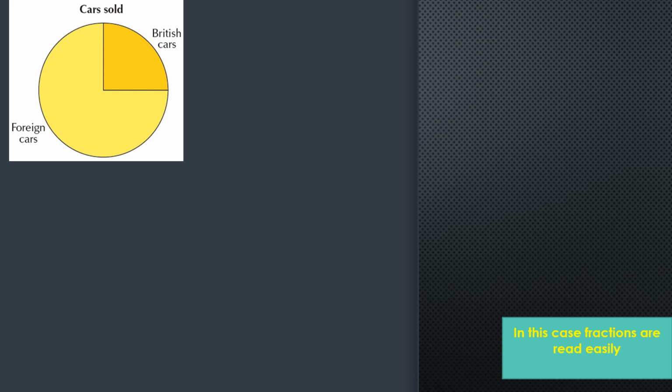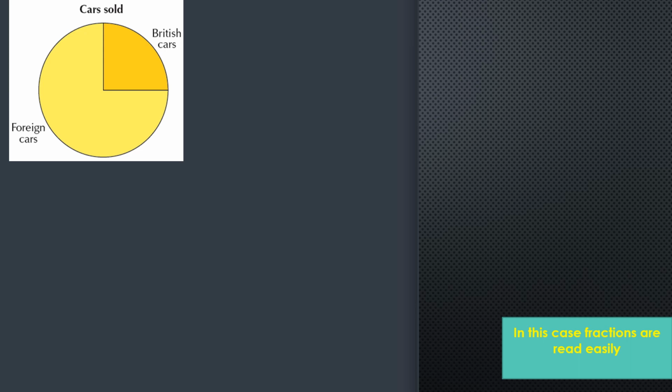I will start this lesson by using fractions. Sometimes in pie charts, fractions are not written and angles are also not written. For that, sometimes fractions are easily read in the pie chart.